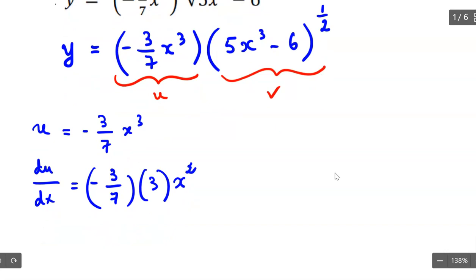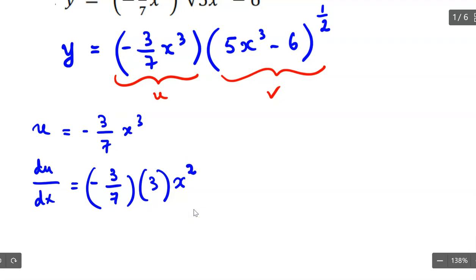Because of the simplification process that I have to do next, I'm going to leave this one alone. I'm not going to multiply 3 by 3 here to get negative 9 over 7. I will leave negative 3 over 7 times 3 times x squared.